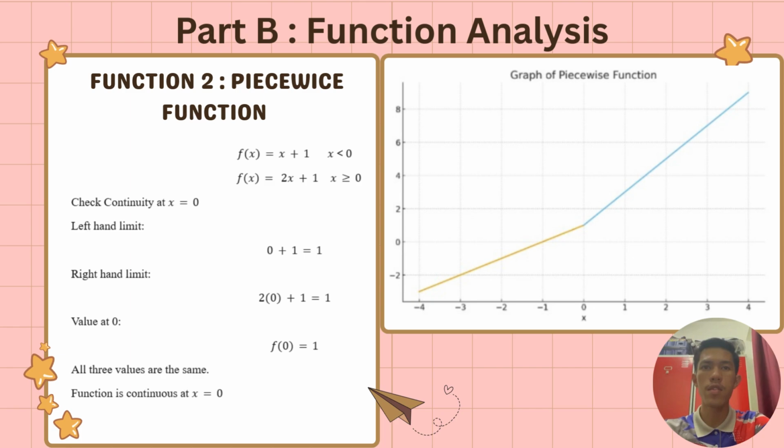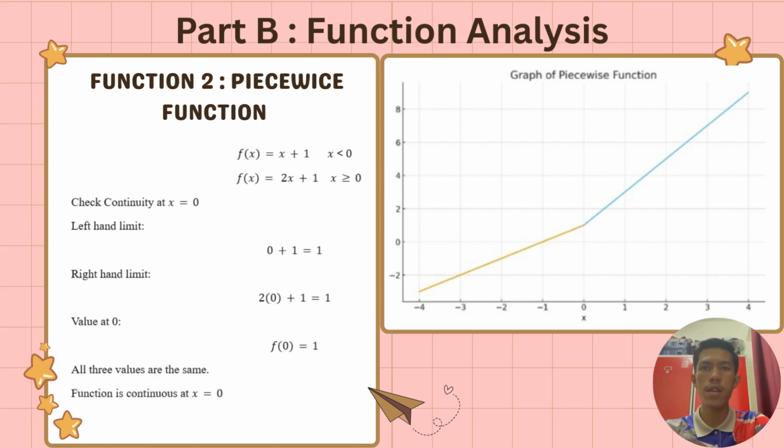Plugging in 0 gives us 2(0) + 1 = 1. This is the value the blue line approaches as it gets close to x = 0. Since the left-hand limit is 1 and equals the right-hand limit 1, we know the limit exists at x = 0 and it equals 1.